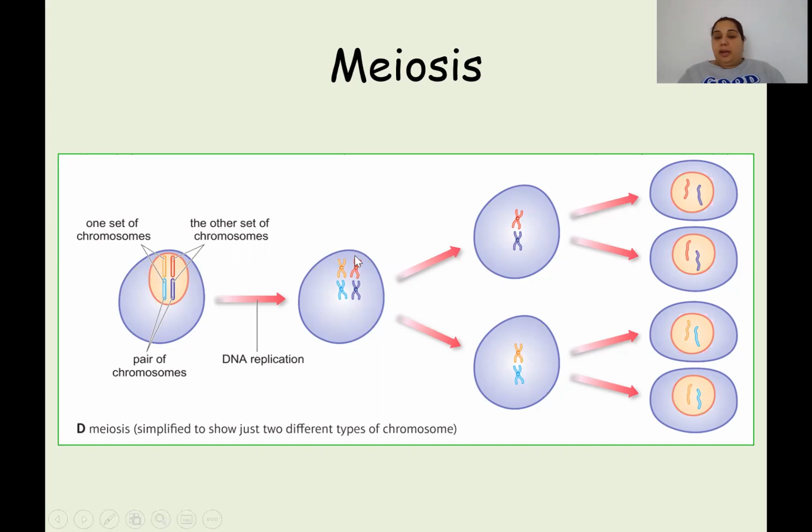They would obviously line up again in the middle and separate, so the pairs of chromosomes separate from each other. So as we can see, this orange and blue will separate from this red and almost purple color, and they would form those 2 cells. But that's not the end of meiosis, so it's going to divide again.